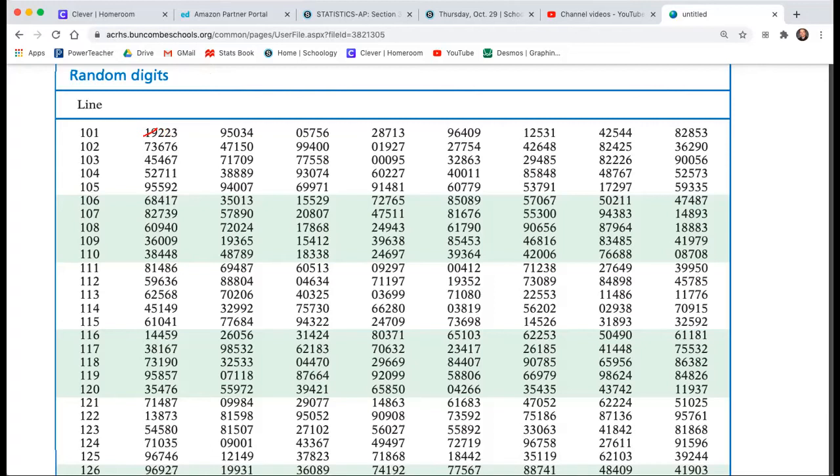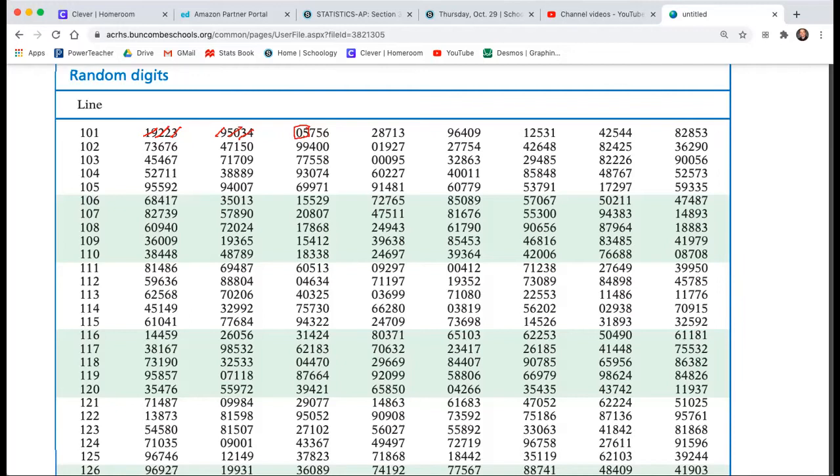Never had a person labeled as 22. Never had a person labeled 39. Didn't have a person labeled 50 or 34. I did have somebody labeled 05 though. So again, that's why you want to use the smallest amount of digits possible. It'll make this process a lot quicker. So again, if I started off on line 101, I would have selected person 1, 9, and 2.